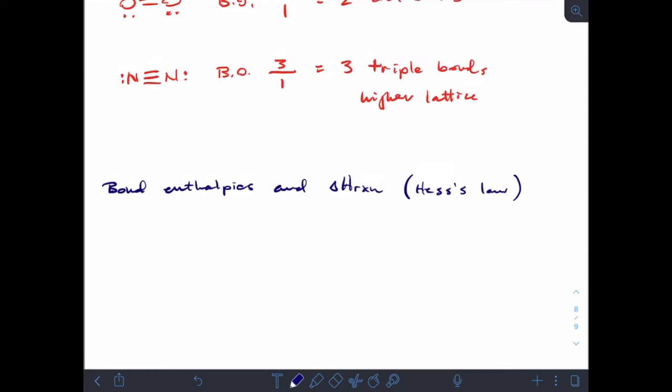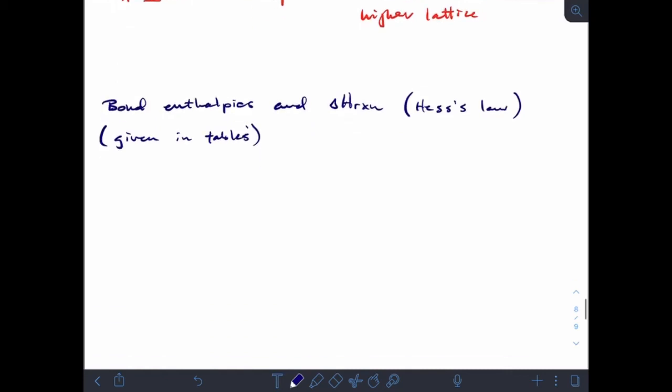All right, so bond enthalpies are given in tables. This is very important. Okay, and what you'll see are lists of a particular type of bond, let's say an HF bond or a CO bond or something like that, and there'll be an associated enthalpy with that particular bond.